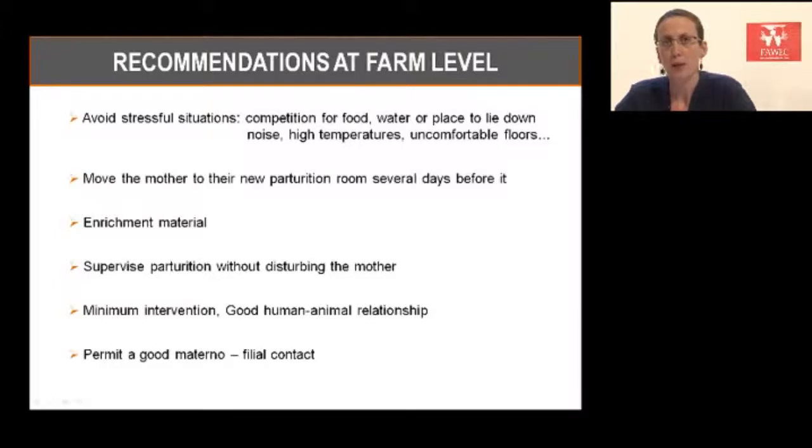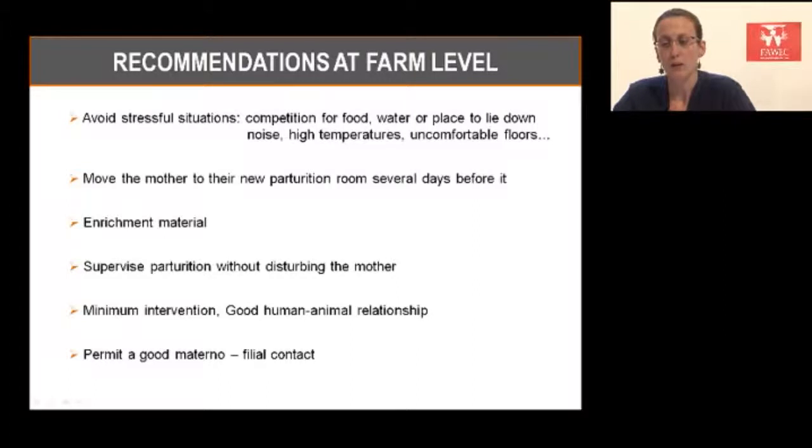We recommend moving the mother to the new parturition room several days before it, so that the mother recognizes the new place before parturition. We also recommend introducing enrichment material, which is important especially in sows, so that they can perform nesting behavior properly.